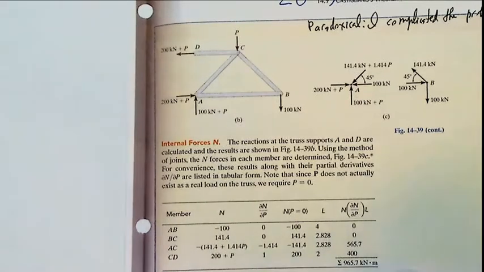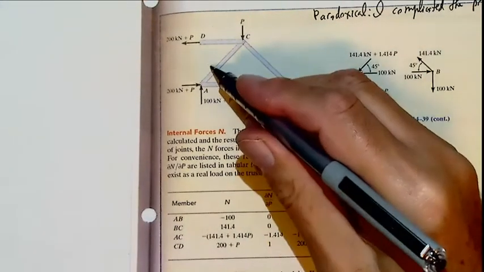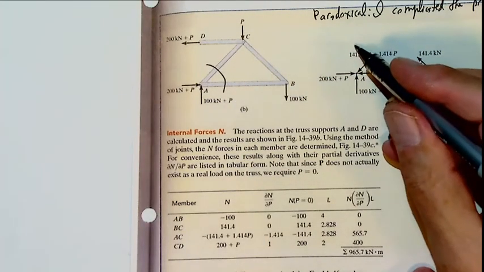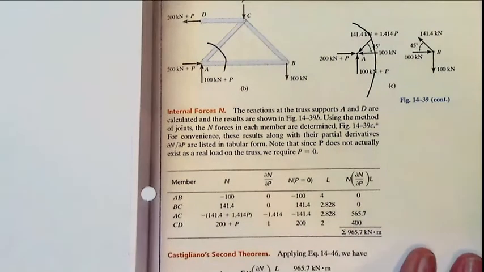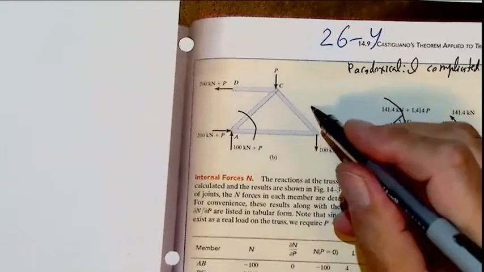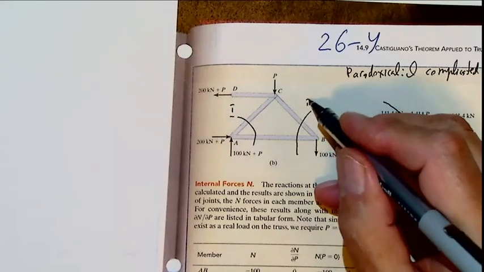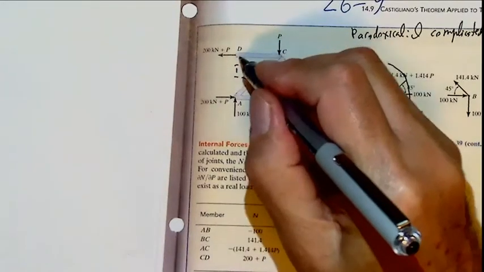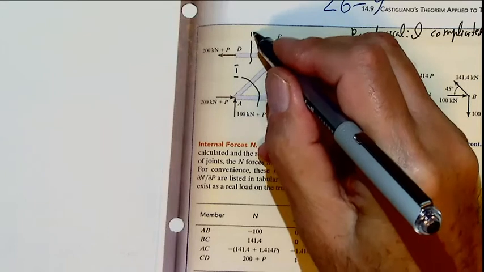That is easy to find. Then we are making cuts. This cut, and then this cut. Cut 1, cut 2. We don't need to make a cut here because the force here equals this one. That is the third cut.